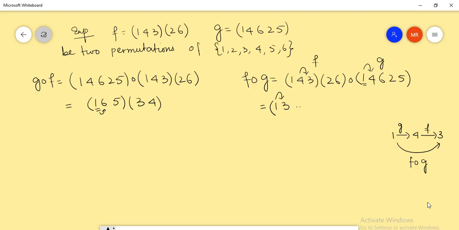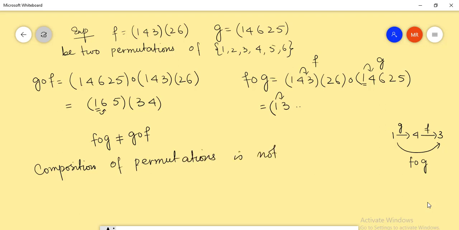And thus in general, F composite G may not be equal to G composite F. That is, the composition of permutations is not commutative.